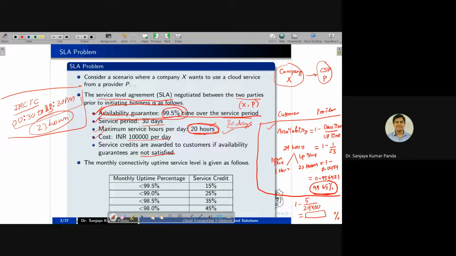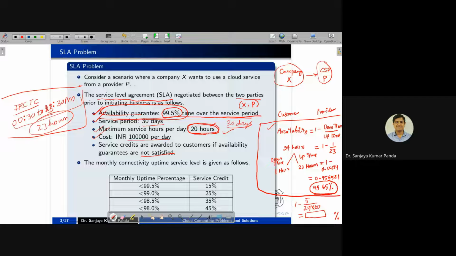So the monthly connectivity uptime service level is given as follows. For example, after the end of 30 days, you have calculated the availability guarantee. You found that it is not greater than or equal to 99.5%.